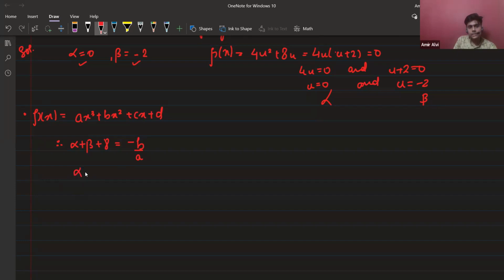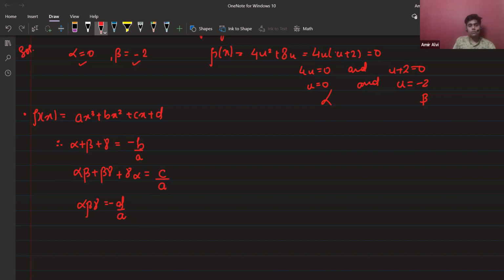Next is alpha beta, beta gamma, and gamma into alpha, which will be c by a. This is the second relation between the zeros and the coefficients. And next is alpha beta gamma, which is equal to minus d by a. The minus sign is also there because it's a cubic polynomial.